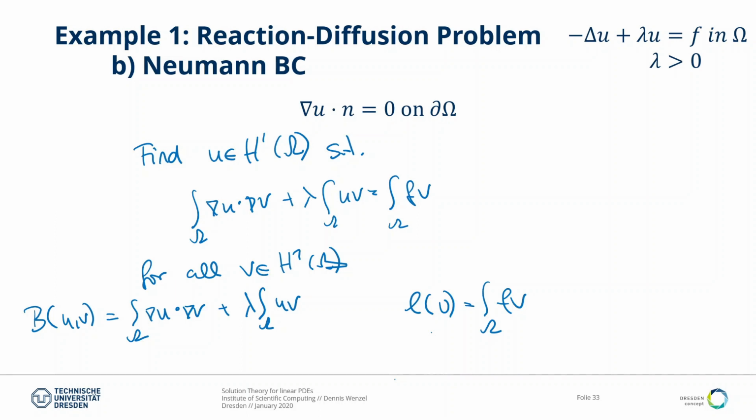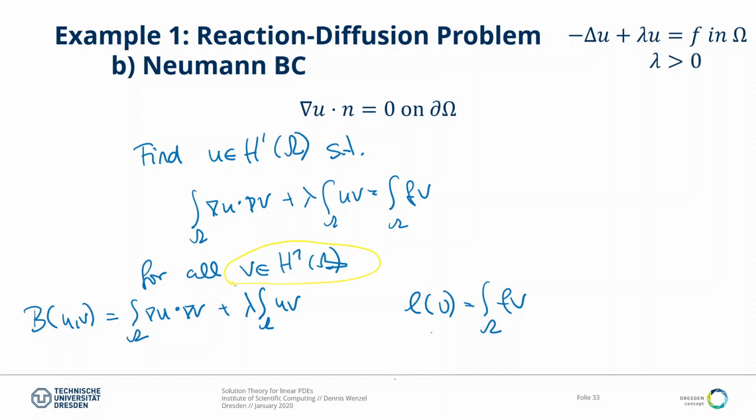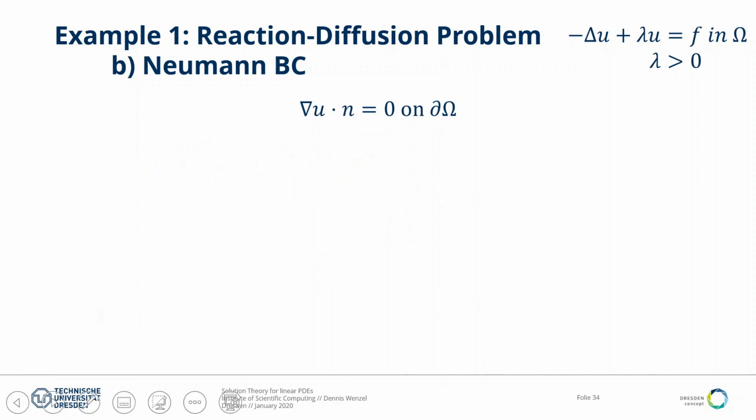And yeah, so what has changed? What's changed is only the space that we are interested in. So now we're talking about H^1 of omega and not H^1_0. But in this particular case, if you think back to the proof of showing that B is bounded and coercive and L is bounded, there we did not really use the fact that we have those homogeneous Dirichlet boundary conditions anywhere.